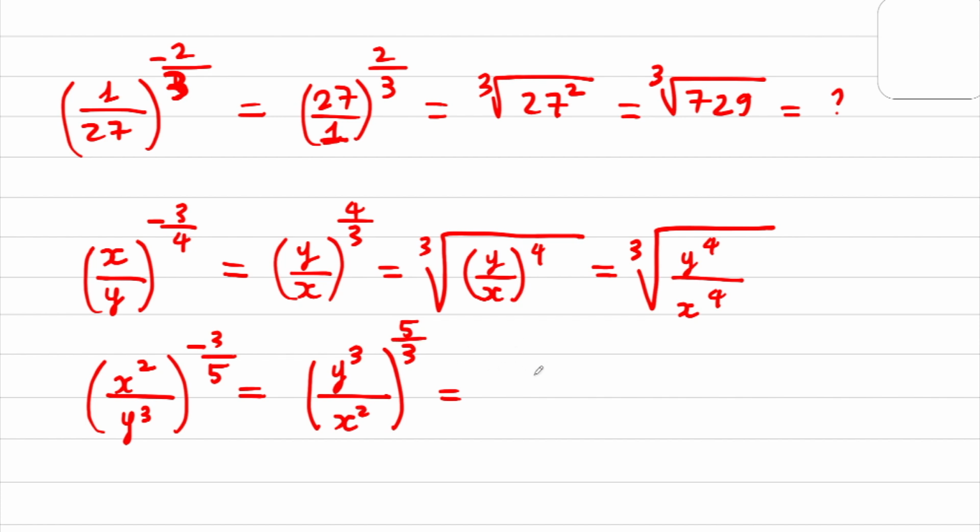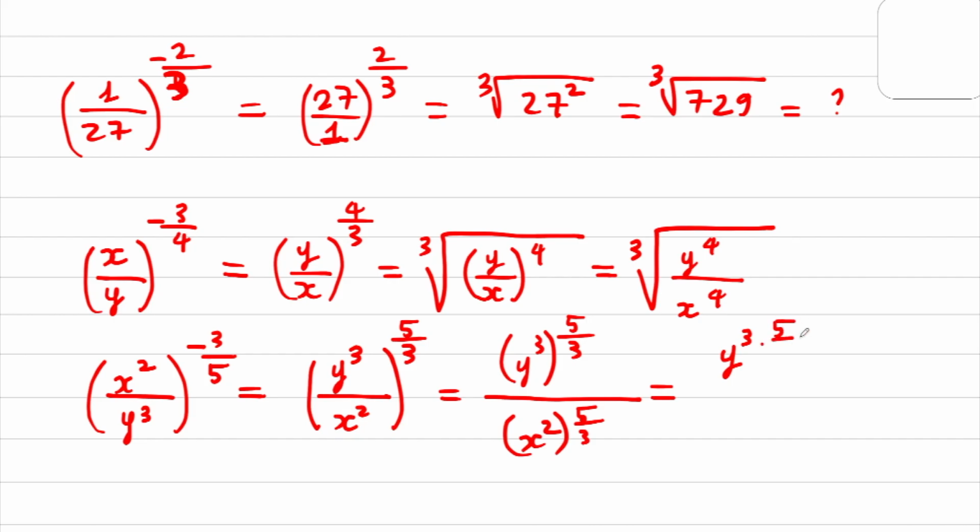I will multiply y cubed by 5 over 3, and x squared will also be multiplied by 5 over 3. After that, I get y to the power of 3 times 5 over 3, and for the denominator, I get x to the power of 2 times 5 over 3, and then I get y to the power of 5 and x to the power of 10 over 3.